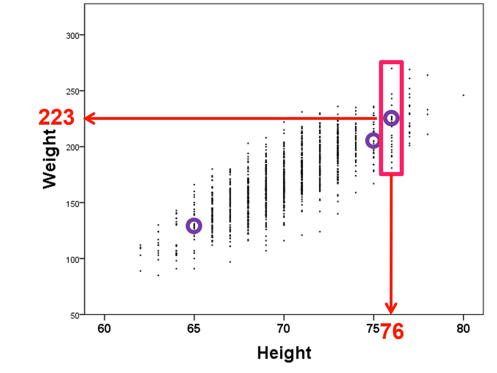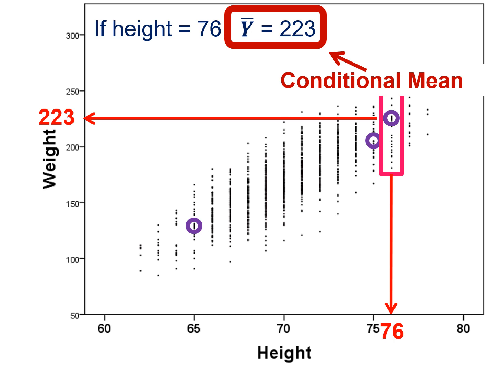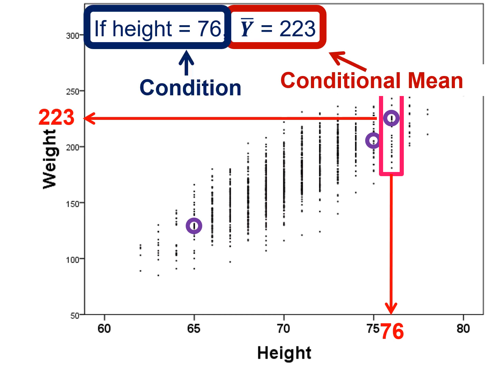The mean weight for men in this subgroup is 223 pounds. So if the height is 76 inches, the mean of y equals 223 pounds. The conditional mean is 223. The condition is if height is equal to 76. So the mean weight is 223 only if we're talking about men 76 inches tall.